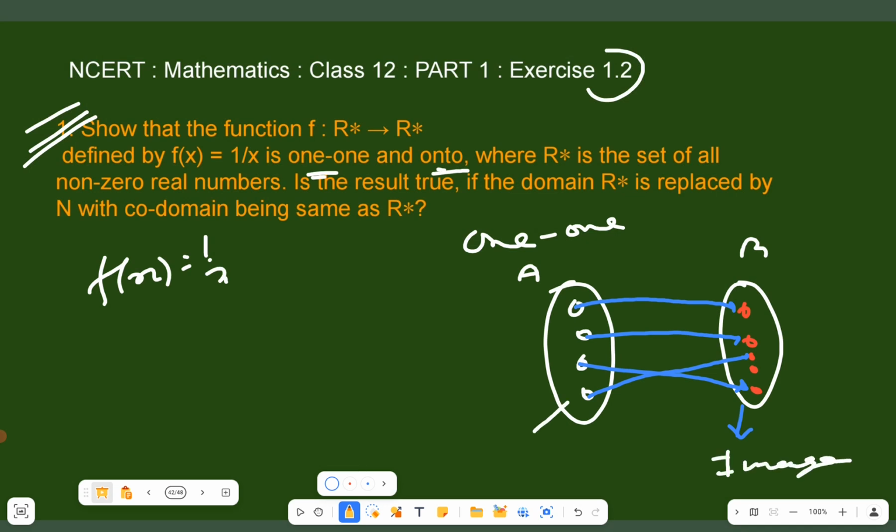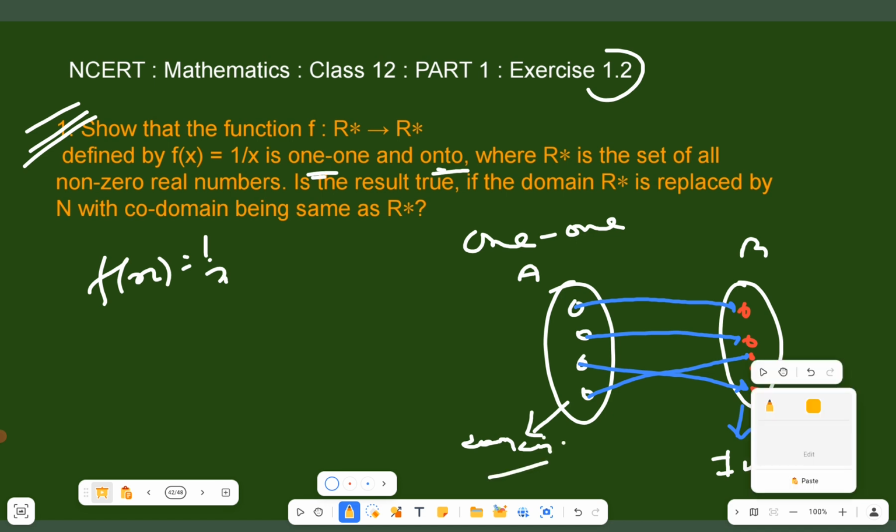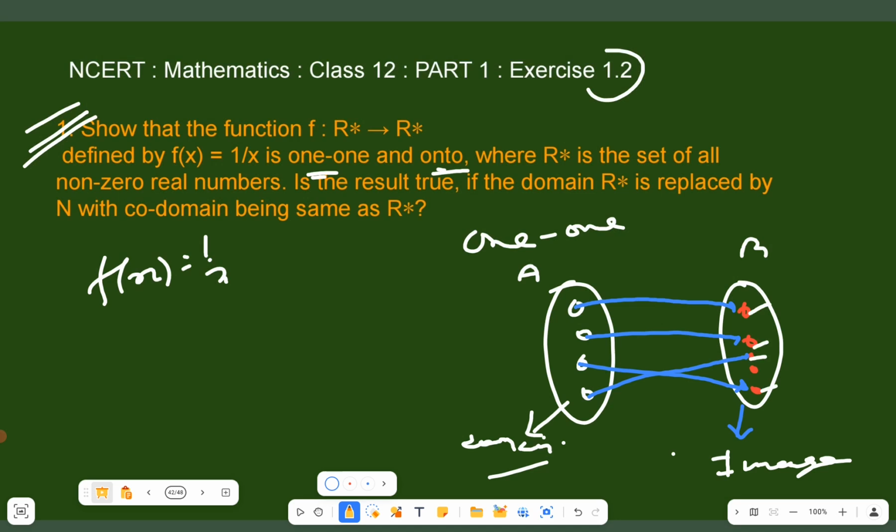That is the image set, and that is the domain. That is the range.